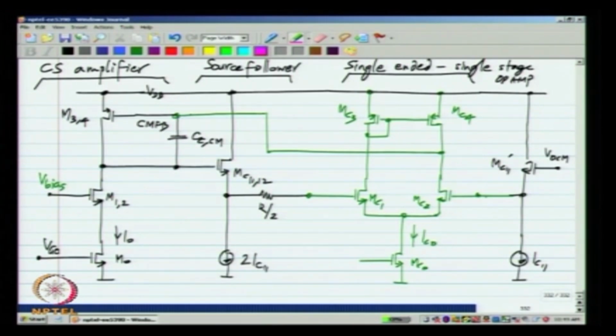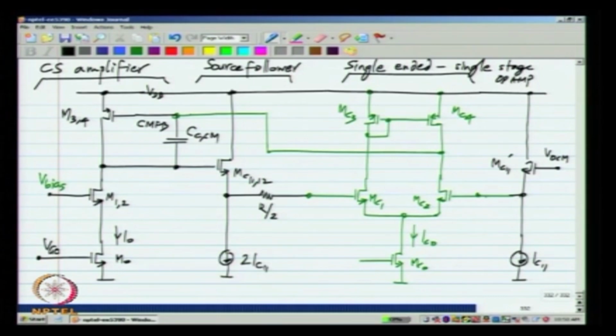Now, another way to think about it is that there are too many stages in the feedback loop. So, there is a lot of parasitic delay. So, one of them has to dominate, that is what we call dominant pole compensation. So, the feedback has to be closed around a single stage, and that can be done by using this capacitor.